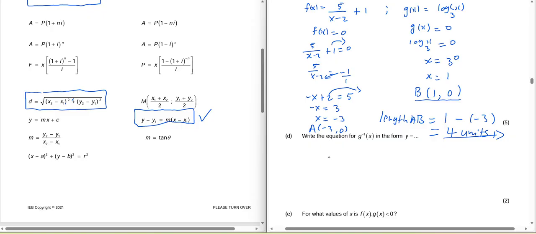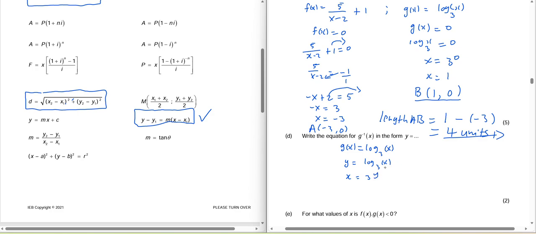Now, write down the g inverse of x in the form y equals to something. Now, we know that g of x is equal to the log of x base 3. So our goal is to make x subject of formula. So this one is the same thing, right, as saying y is equal to the log of x base 3. Now, if we make x subject of the formula, we are saying that x is 3 to the power of y.